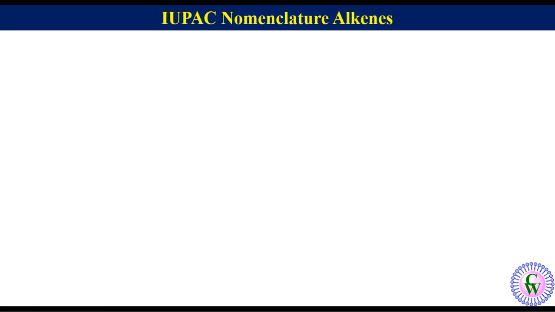Let's first have very simple alkenes with 2 and 3 carbon atoms. 2 and 3 carbon alkenes are very simple. They have only the parent chain, a non-ambiguous position of the double bond, no stereochemistry and no substituents. So their IUPAC name is written as parent chain plus ene.